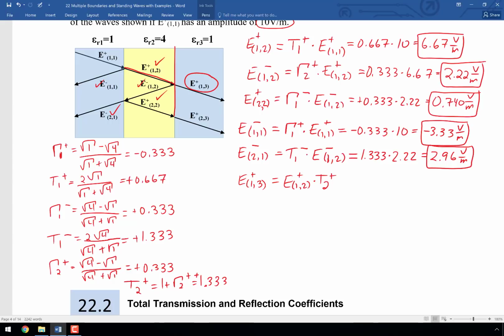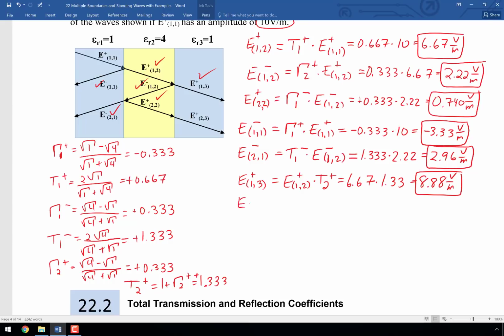And so this is going to give me 6.67 times 1.33 equals 8.88 volts per meter. And then I will erase that, and so that takes care of that.